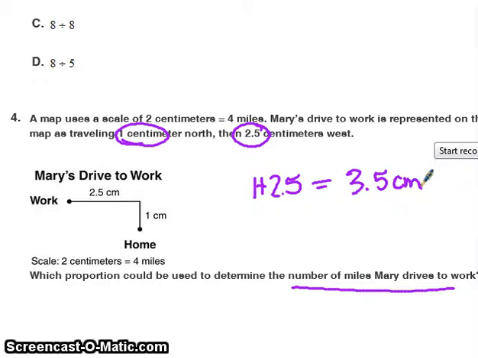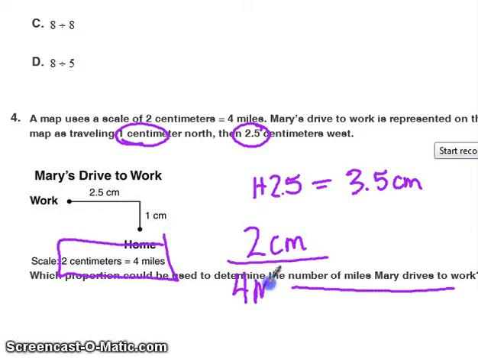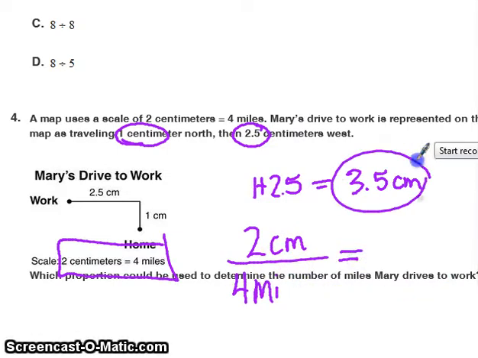Now, from there, use your scale ratio. All right, so we've got 2 centimeters is representing 4 miles. Here we have a total of 3.5 centimeters. Is how many miles? Let's use M for miles.